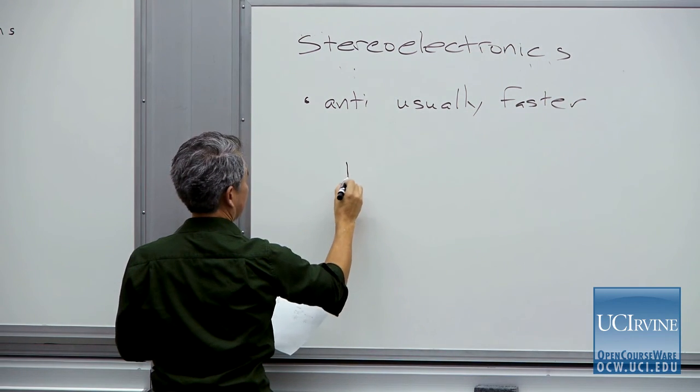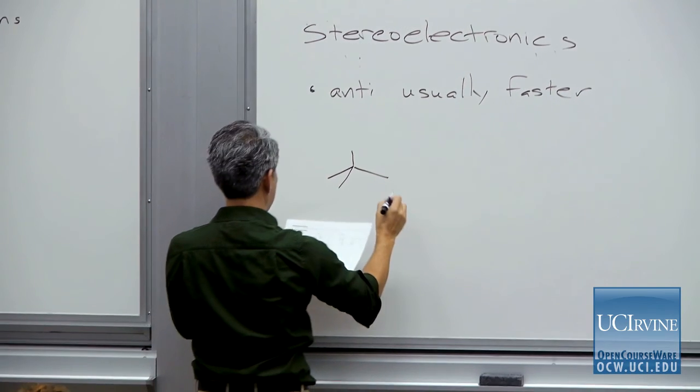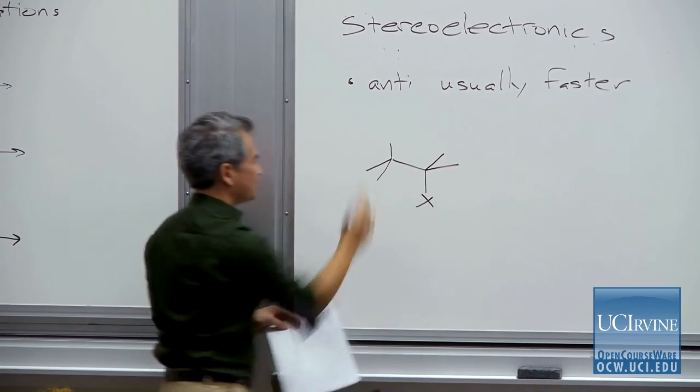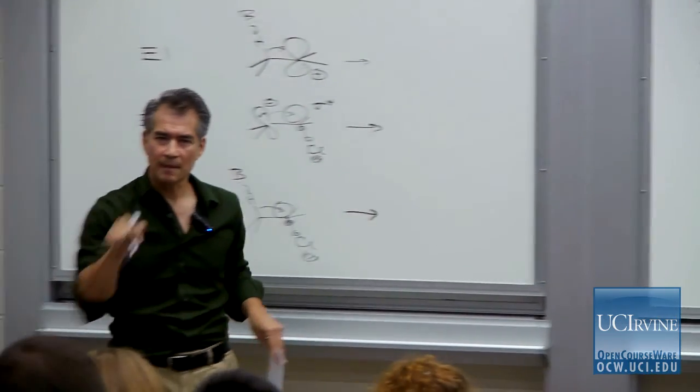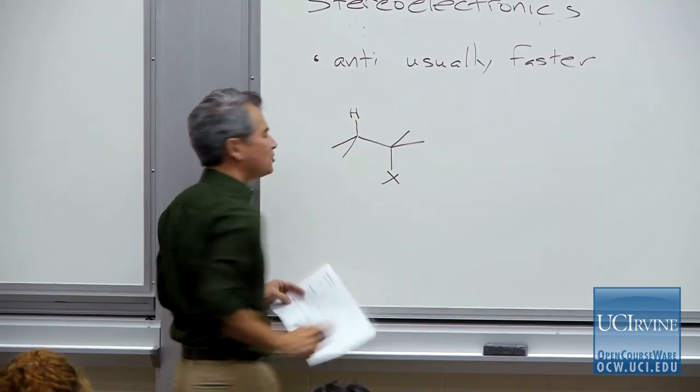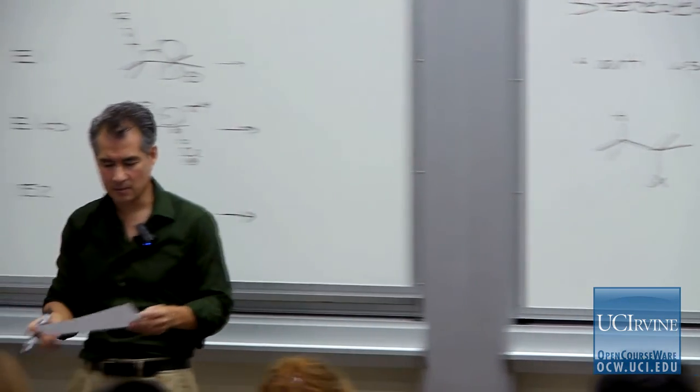So let me go ahead and draw a sort of conformational depiction here. And I want to be very particular as I draw about this substituted carbon-carbon system about the anti-relationship, the required anti-relationship between the proton that you pull off and the leaving group.